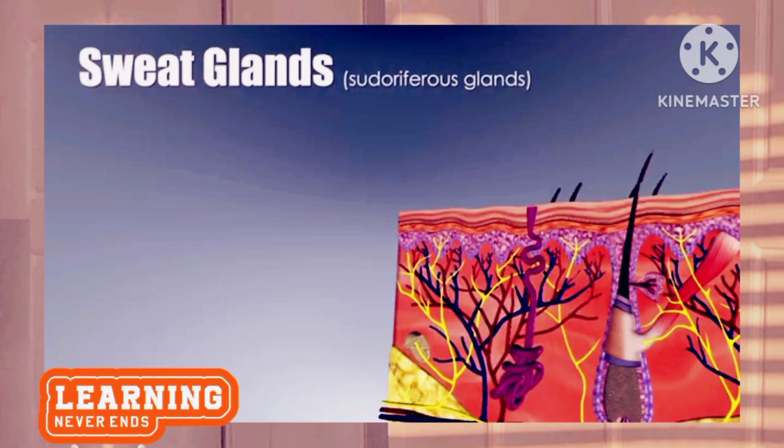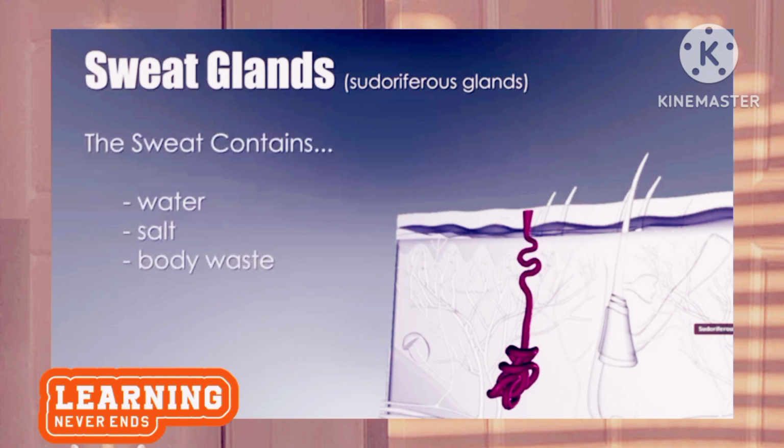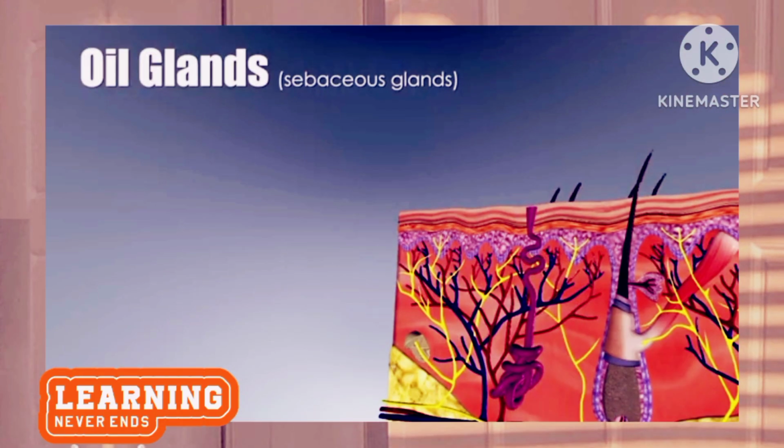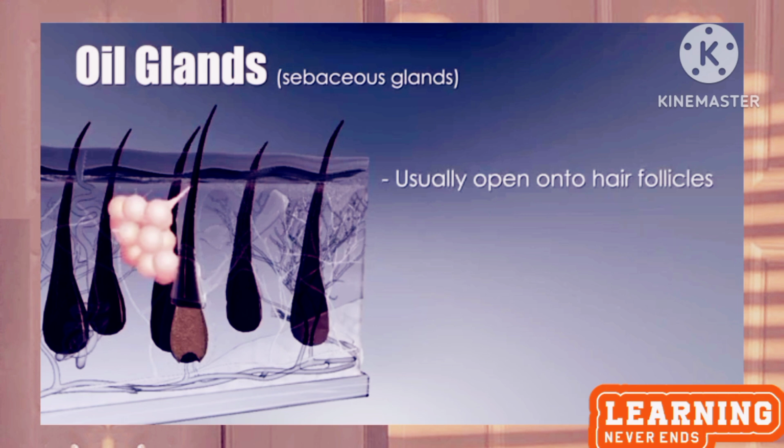Sweat glands, or sudoriferous glands, are coiled tubes that extend through the dermis and open on the surface of the skin at the pores. The sweat, or perspiration, eliminated by these glands contains water, salt, and some body wastes. Oil, or sebaceous glands, usually open onto hair follicles.